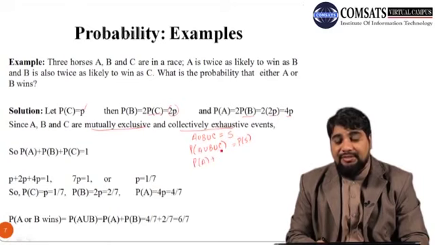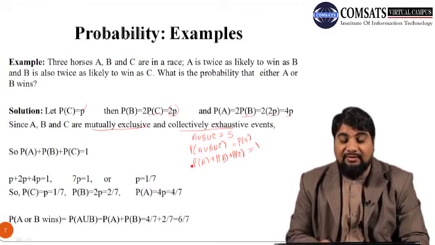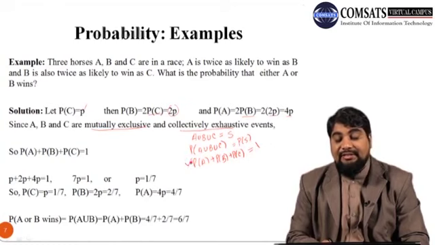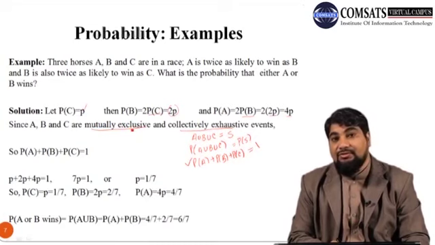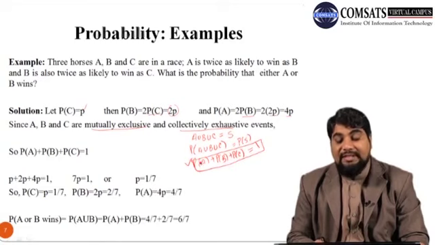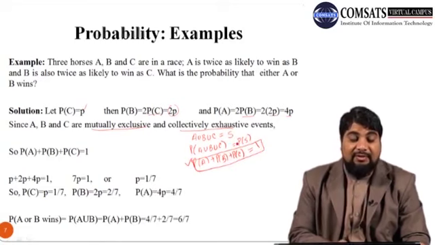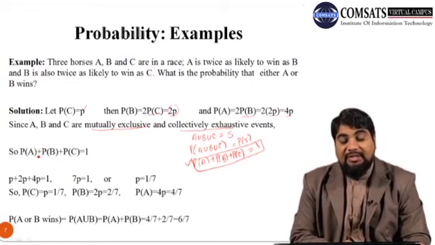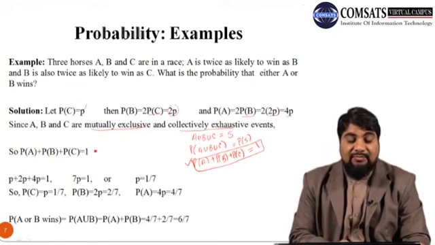So probability of A union B union C will be probability of A plus probability of B plus probability of C, and probability of S is 1. So we will use the collectively exhaustive events as well as the mutually exclusive events. Using these two results, the sum of probabilities of these three events is equal to 1.